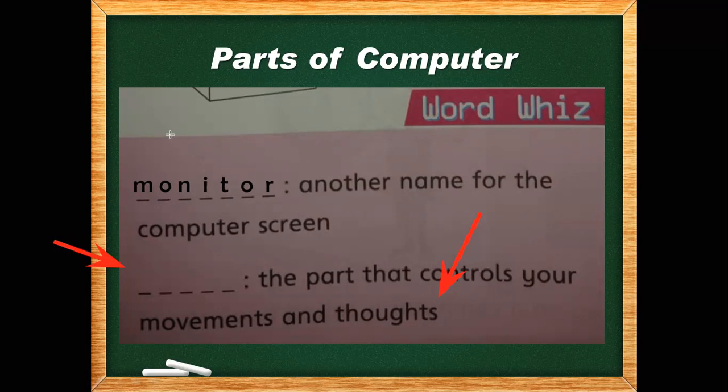Yes, Abdul Rahman. Can you tell me what is the answer for this? What do we have in our head? Brain. That's great. Okay, let's see who is going to tell us the spelling of brain. Hassan Asad, can you tell me the spelling of brain?